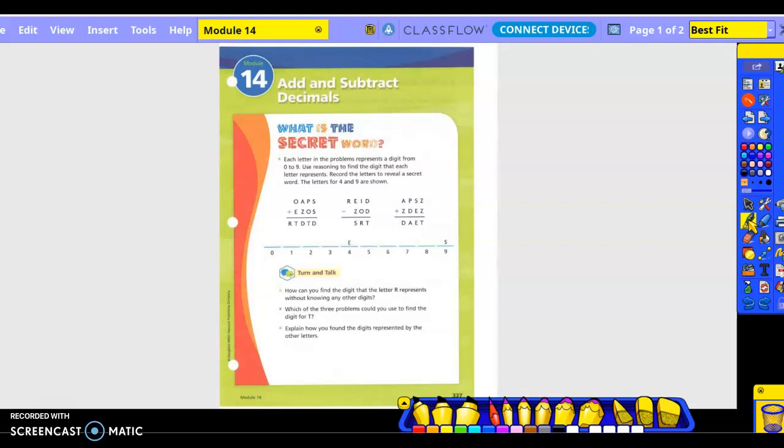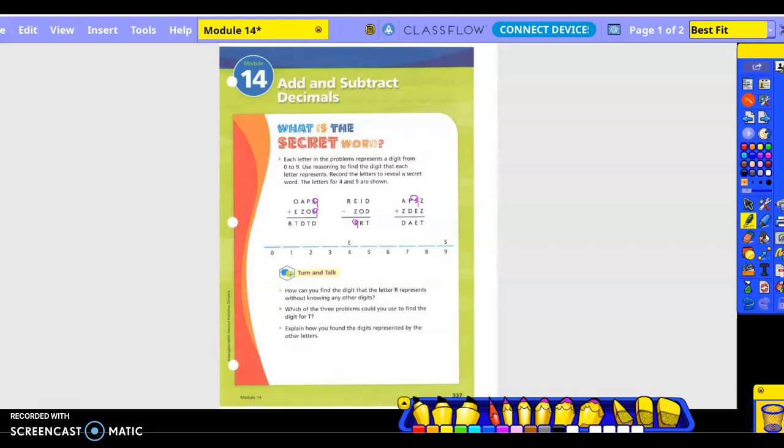The letters for 4 and 9 are shown. Okay, so they already gave us, wherever there's a letter S, that would be the number 9, right? Okay, is that all of our letter S's?